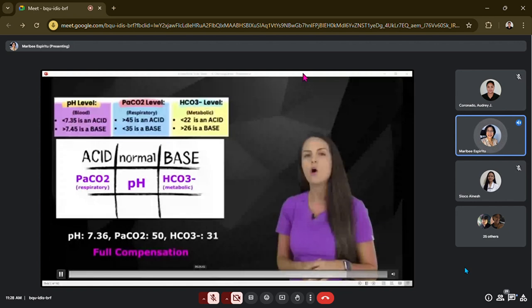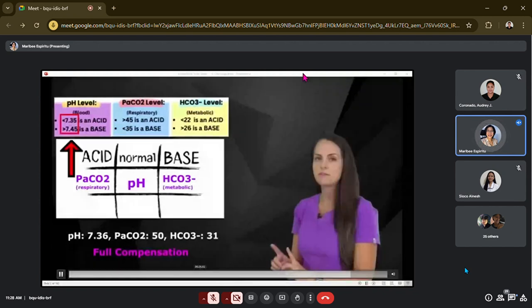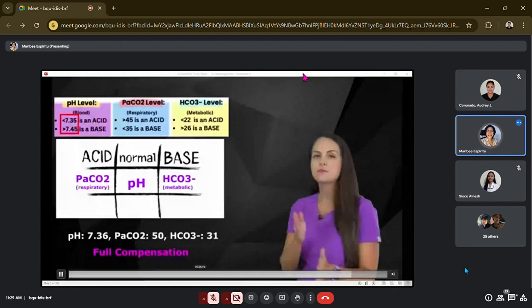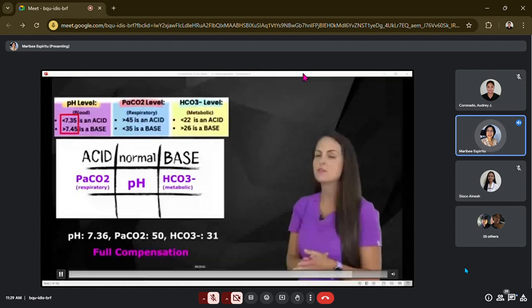So what we want to do is further look at that blood pH. We know it's 7.36 and the normal range is 7.35 to 7.45, but the absolute normal, smack dab right in the middle, is 7.40. So we're going to use 7.40 as our home base. So we have a line here drawn, and in the middle right there is 7.40.